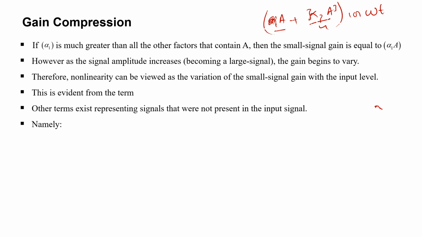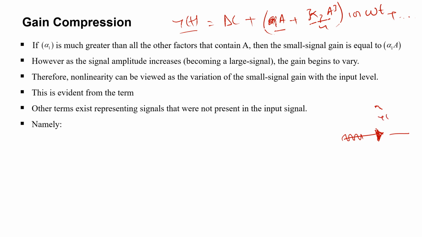So whatever will happen at the output y of t is actually a combination of a DC that has no multiplication with cos omega t, plus this value plus other values. So in this second value I have an input cos omega t that is actually multiplied by alpha 1 a, which is kind of enhancing its value. So imagine cos omega t is a standard sine wave, and if we pass it through an amplifier, then it is actually y of t.